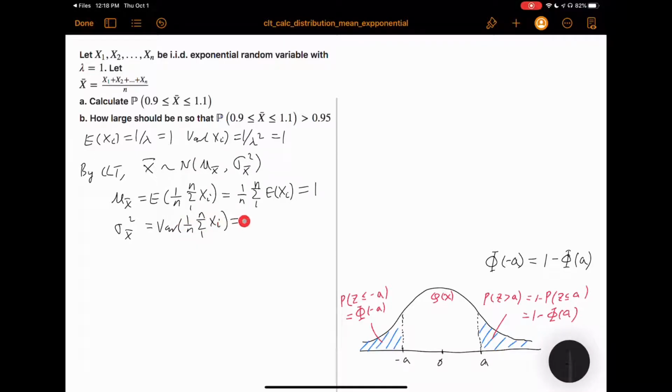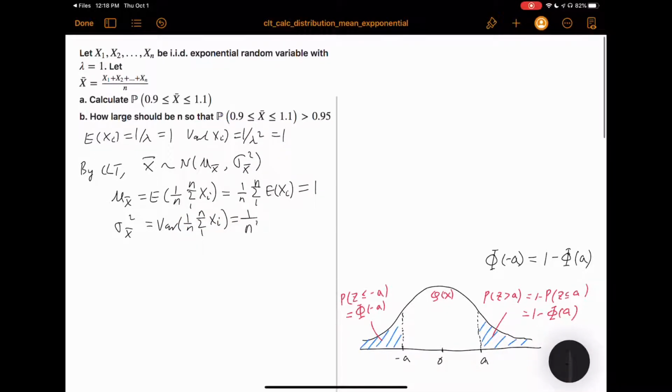So this whole item is equal to 1 over n squared summation 1 to n of the variance of Xi. And so this is equal to 1 over n squared summation 1 to n of 1, because the variance of Xi is equal to 1. So this is equal to 1 over n.